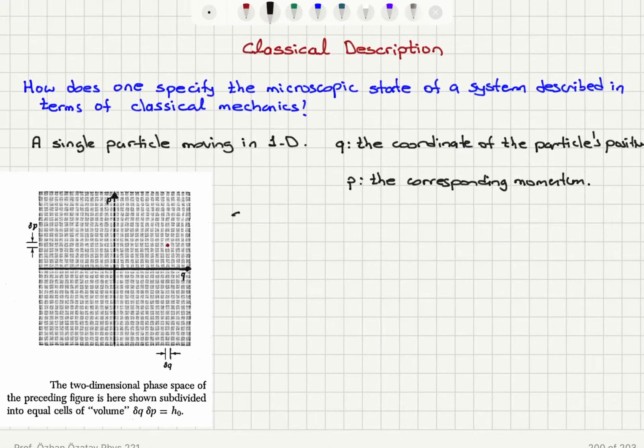Now, if I specify for this particle the position as a function of time and the corresponding momentum as a function of time, this is going to give me a complete classical description of this particle.